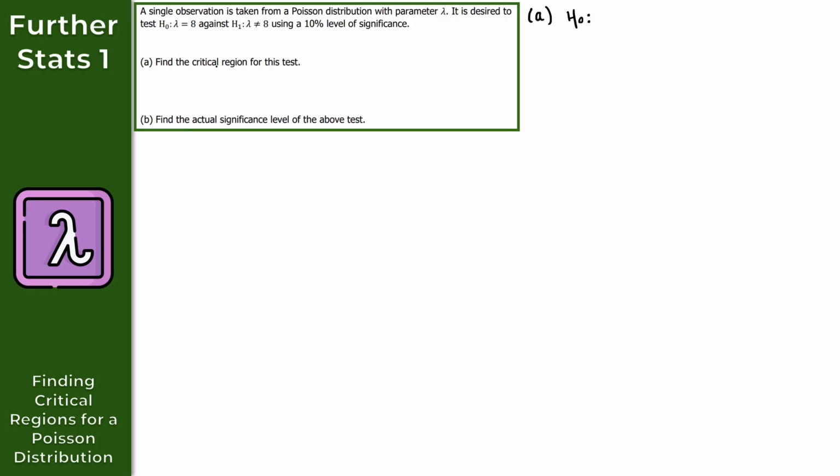For H0, this is lambda equals 8. And for H1, our alternative hypothesis, this is lambda not equal to 8. And we're using a 10% level of significance. The first thing that we do is assume that H0 is true.